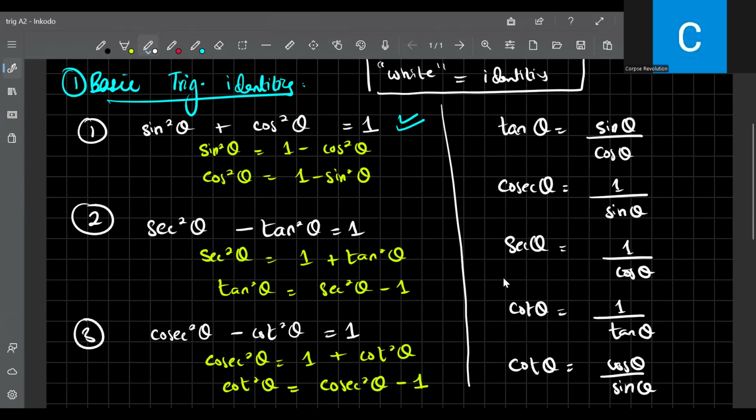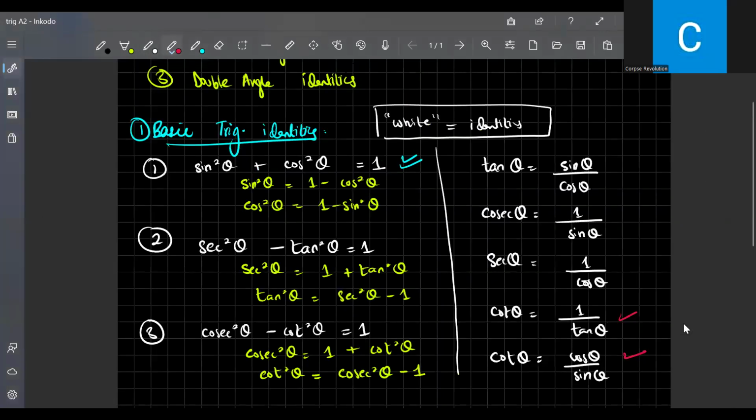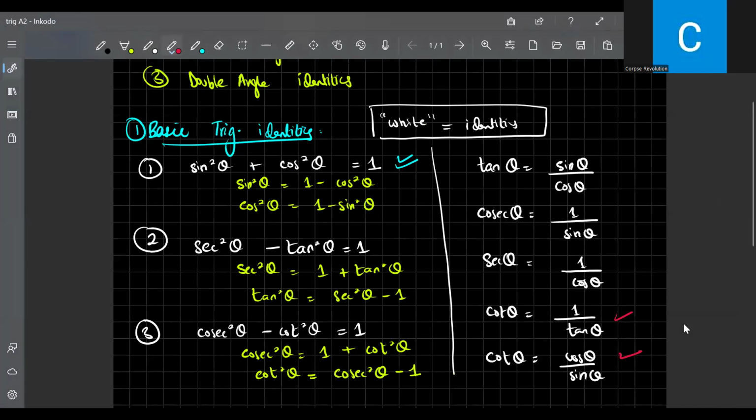So it pretty much depends on the question whether this one is being applied or this one is being applied. So you have to check both sometimes. All right. So for your easiness, the stuff in white, you have to learn those identities by heart. And yellow is just rearranging them. So yeah, that's pretty much self-explanatory.